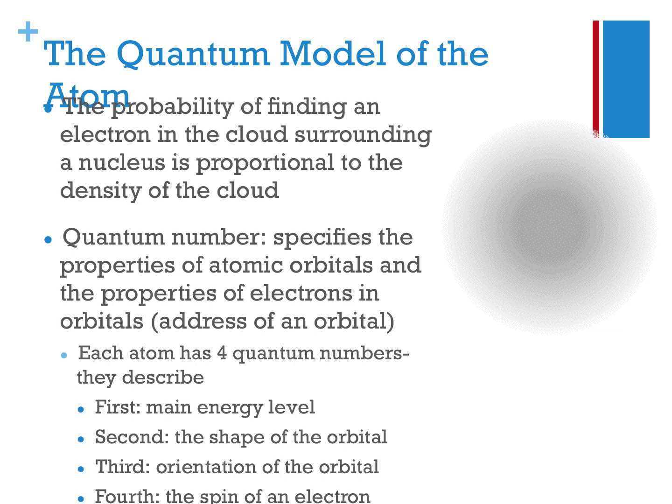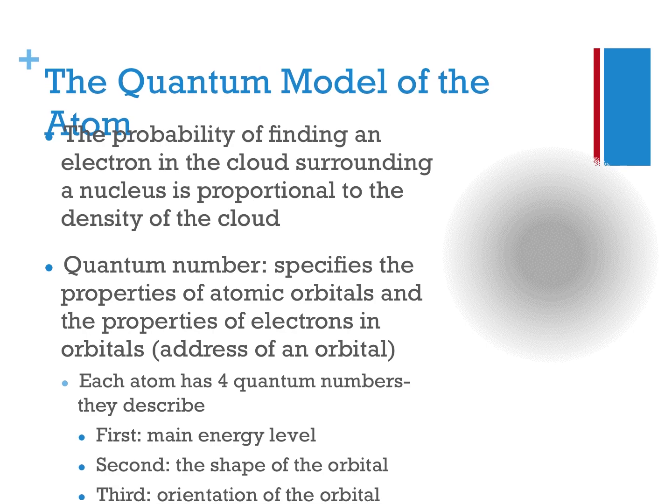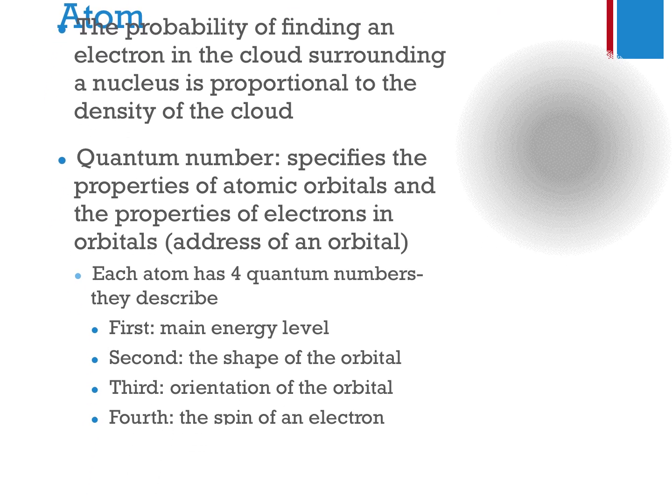And when we talk about the quantum number, there are 4 parts to the quantum number. I don't really want to say 4 quantum numbers. I want to say it has 4 parts.